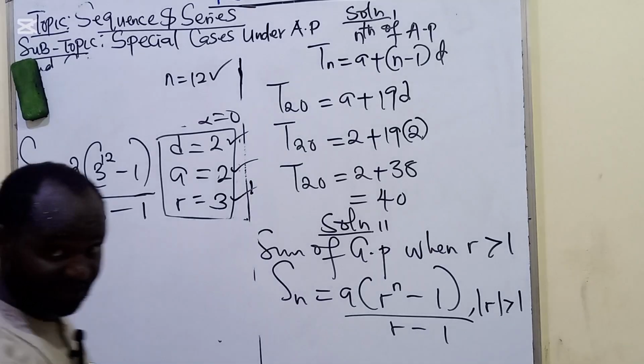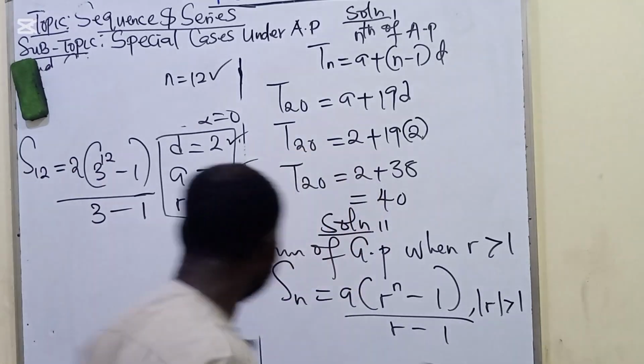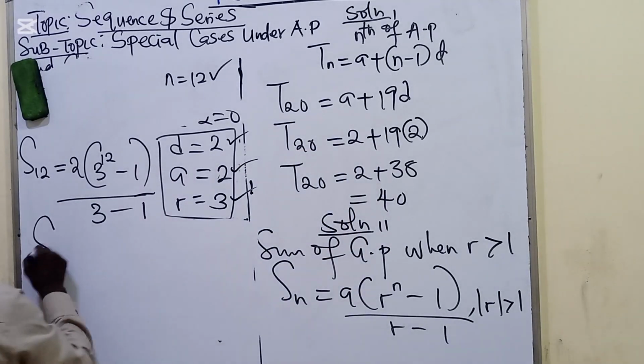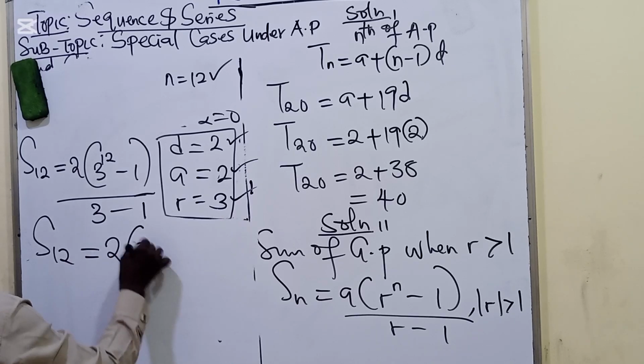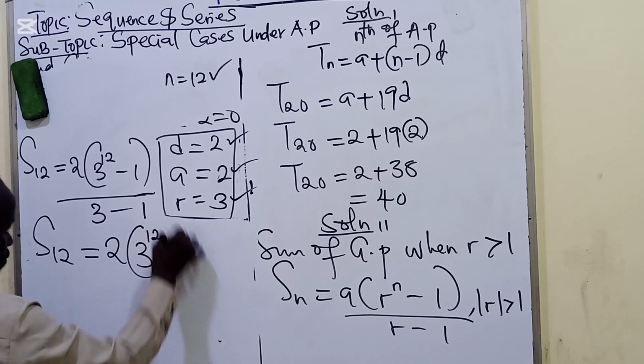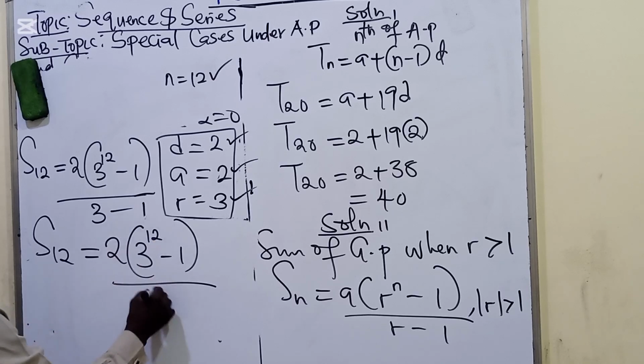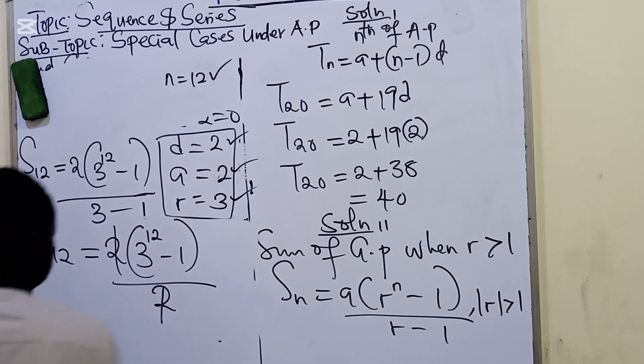We are asked to leave our answer in index form. So the sum of the first 12 terms now will be equal to 2 into 3 power 12 minus 1. We close the bracket. 3 minus 1, of course, is 2. We can reduce this.